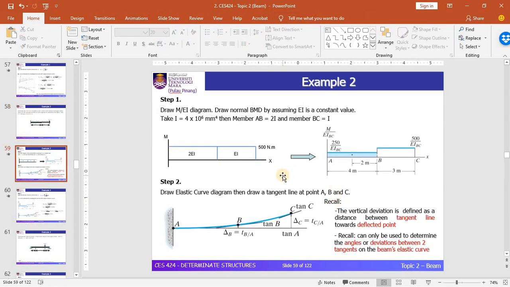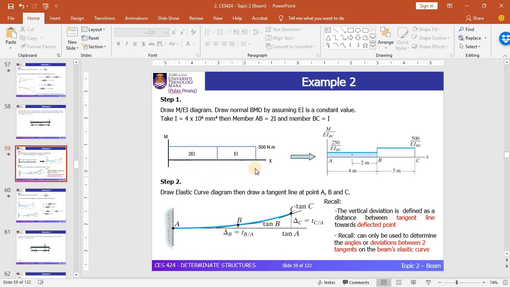As usual, you need the equation of moment before you can draw the MEI diagram. I won't explain in detail how to get it, since you just need to use the cut section method.